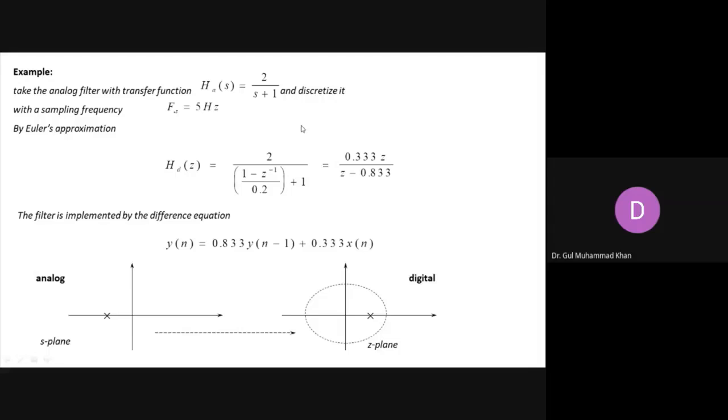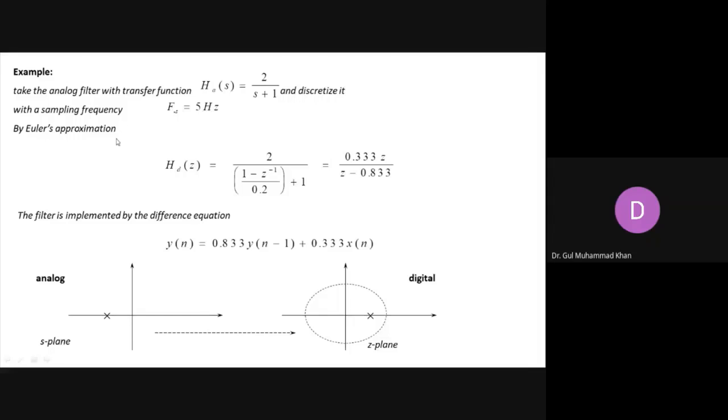Okay, so we'll just do a small example on it. If you have a transfer function of a system, this was the first order filter, and you want to convert it into an equivalent digital filter, you have to specify the sampling frequency. In this case, let's say it's 5 Hertz.